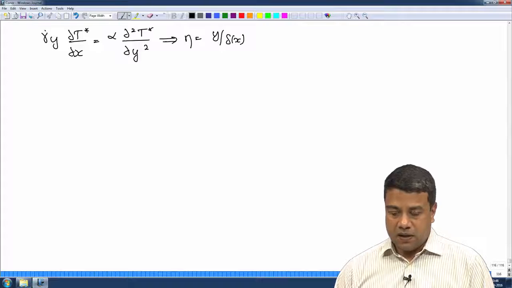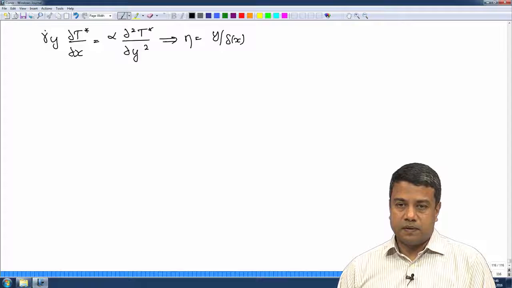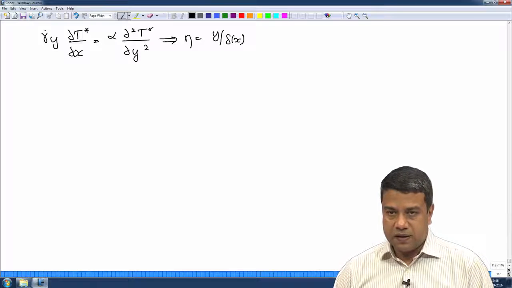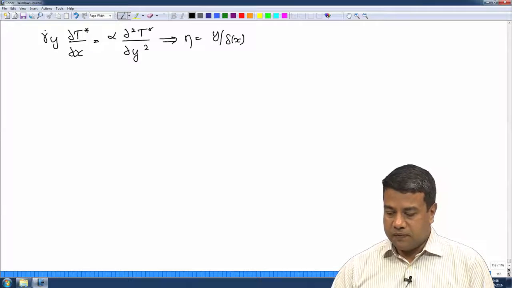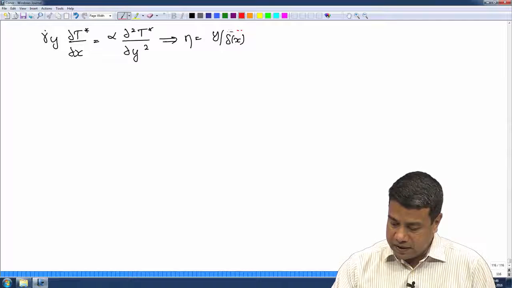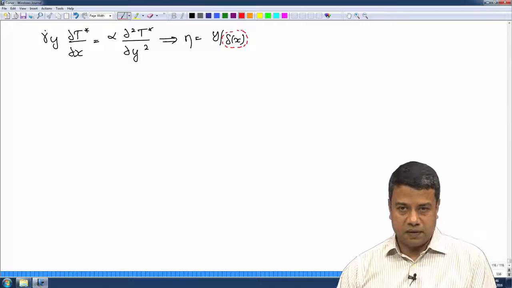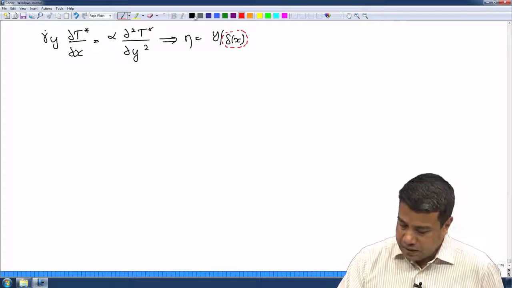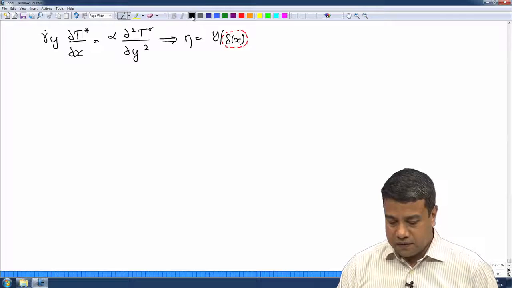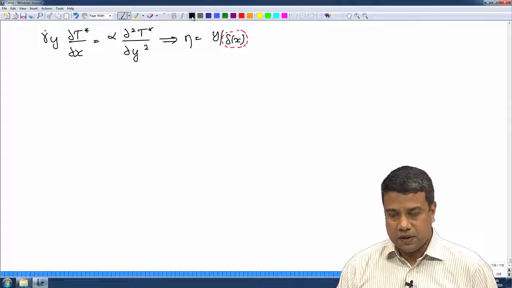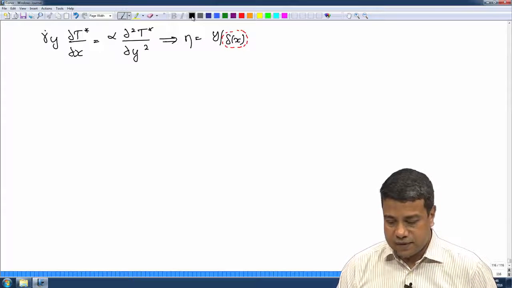And if I write the equation in terms of the similarity variable, if I have done everything correctly, this equation itself will give me the form of this delta of x for a similarity solution to be valid. So, how do we do that? Now, both the temperature as a function of x and as a function of y, I need to express in terms of this function eta.